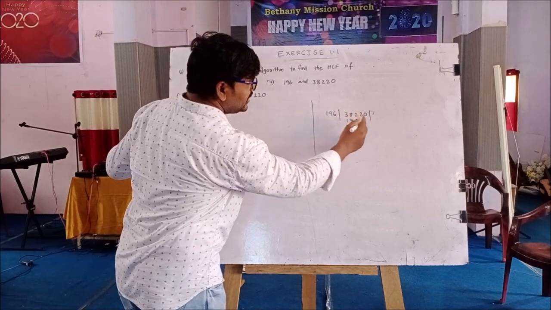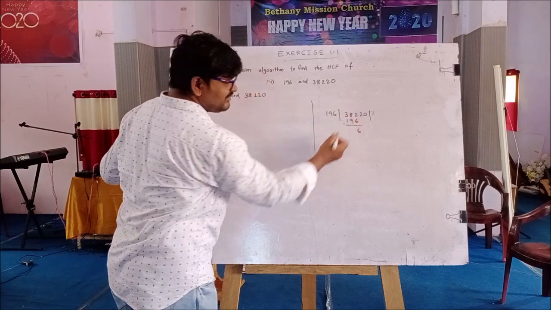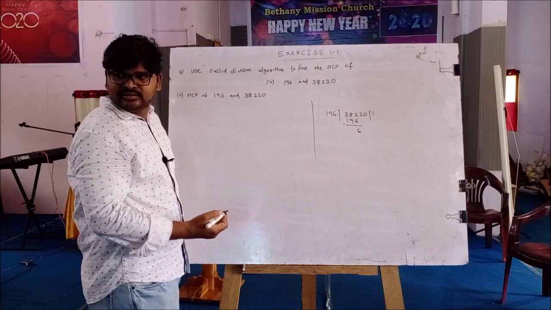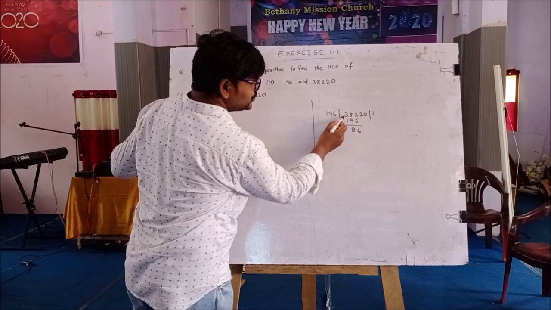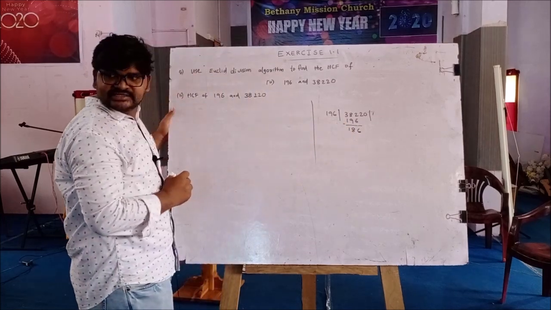This is 12, 12 minus 6, 6. This is 7, so 17 minus 9, 8. And this is 2, 2 minus 1, 1. 186.